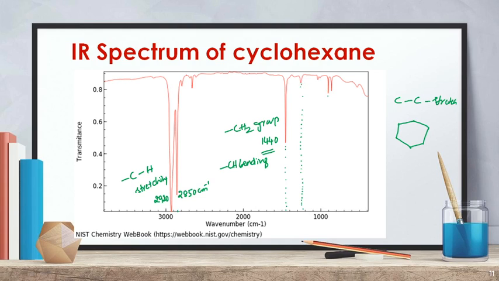This one is low intensity, and these two peaks are of higher intensity than this. If you extrapolate this one, it will match at 900. So at 900 centimeter inverse you have one peak, which is nothing but the CC stretching vibration. So totally you find CH stretching, CH bending and CC stretching in the IR spectrum of a cycloalkane.